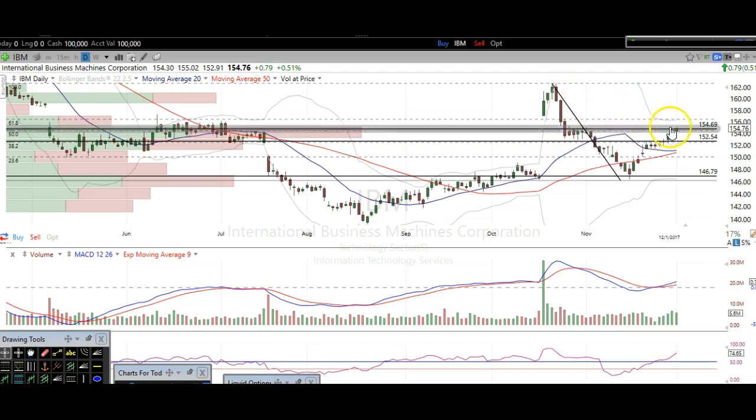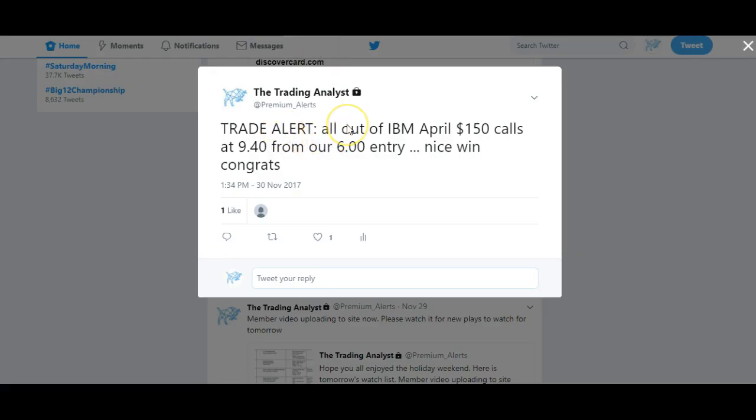All those things lining up is the reason why we sold the last half of the position, and I'll show you that alert right now. So we got all out of the rest of the IBM April 150 calls at 9.40 from our $6 entry. That's about a 60% win for us on that second half.